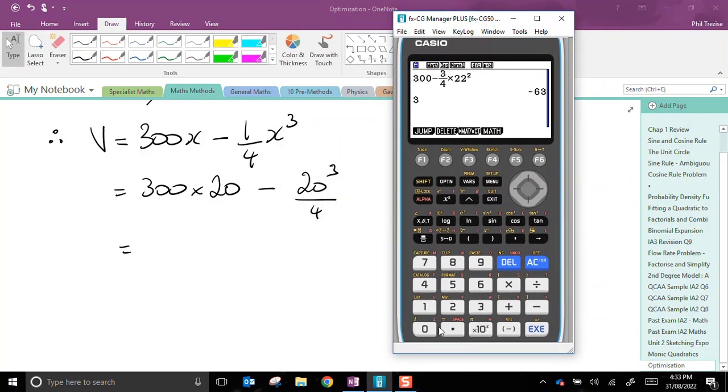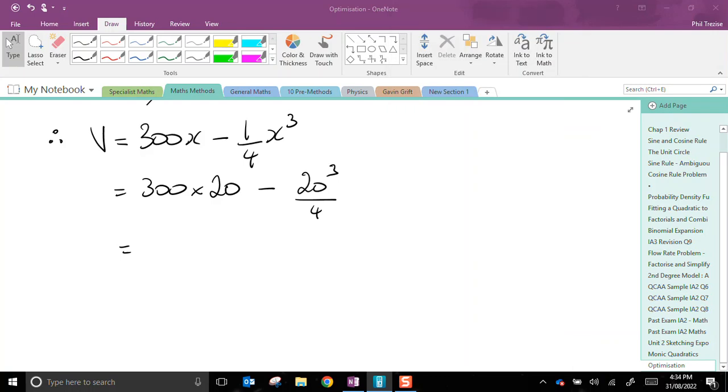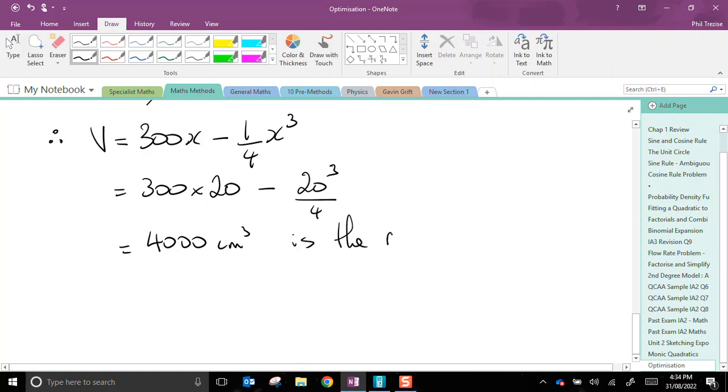What do I need? 300 by 20, subtract 20 cubed over 4. We have 4,000. That's our maximum volume. 4,000 cubic centimetres is the maximum volume.